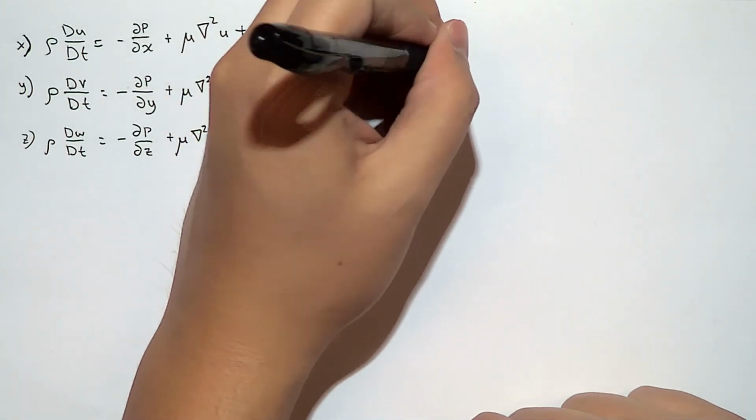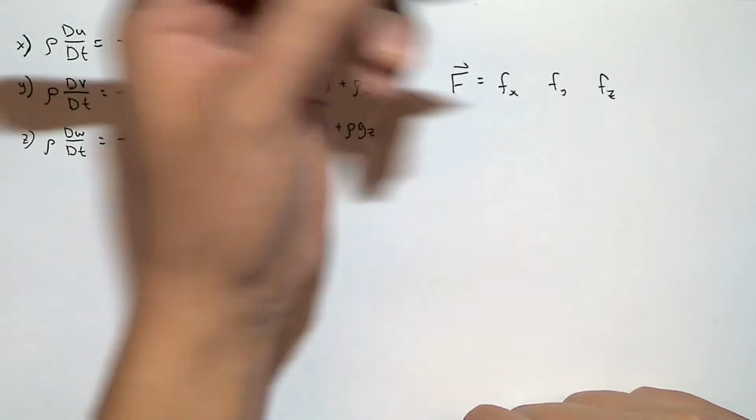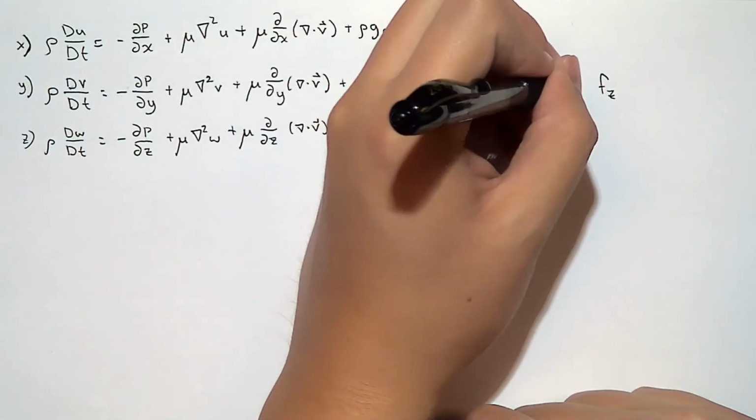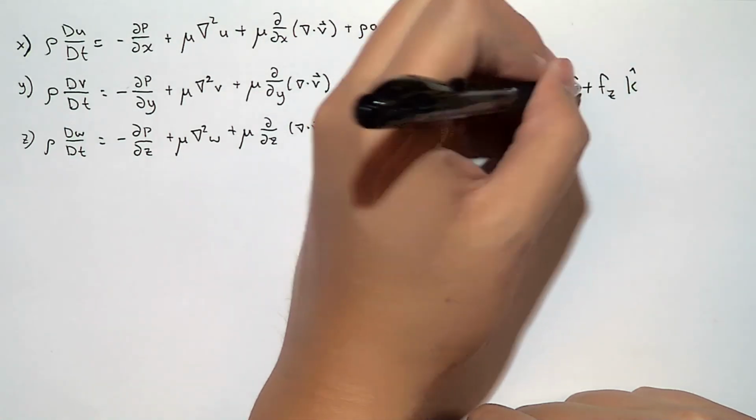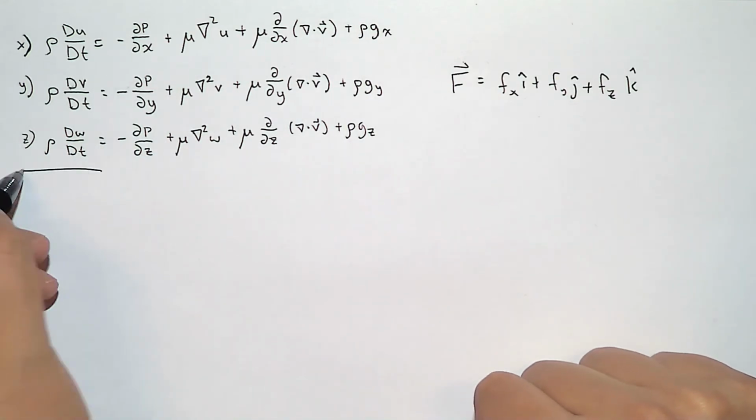Remember, a vector f is the sum of its x, y, and z components acting in the x, y, and z directions. So we can actually take these three components, add them up in their x, y, and z directions respectively, and land at a vector form. Now, what would that look like for us? I'm going to try to take advantage of the fact that I already have these three equations written down nicely.